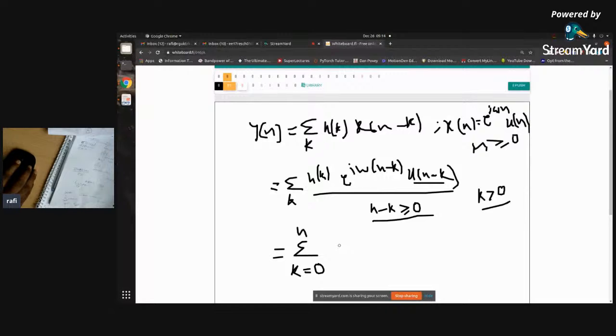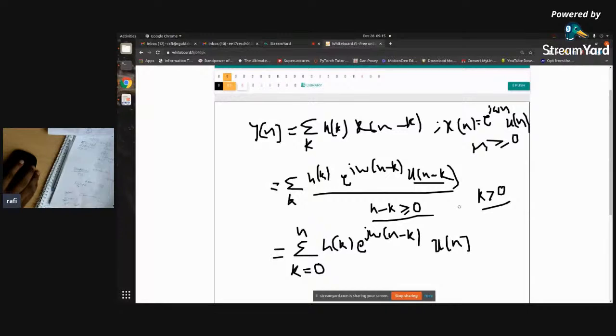If k is greater than n, then n minus k is negative, so u of a negative index is 0. So the maximum limit is n: h of k e power j omega into n minus k, and you can write u of n here.